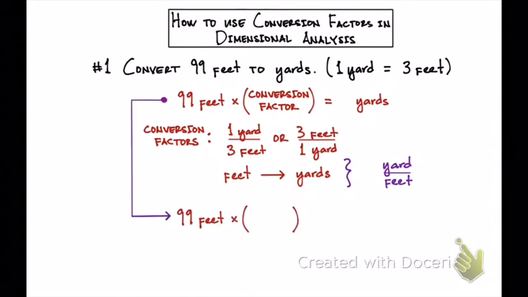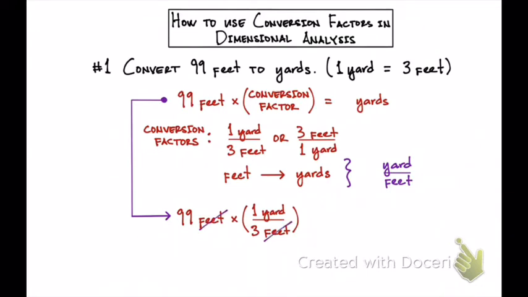All right, so we're going to go back here and we're going to plug in the conversion factor that's needed. So 99 feet times its conversion factor, which would be in yard per feet. So that's 1 yard per 3 feet. And then now you can see algebraically how the unit feet cancel out. And what's left is the unit that you want, which is yards.